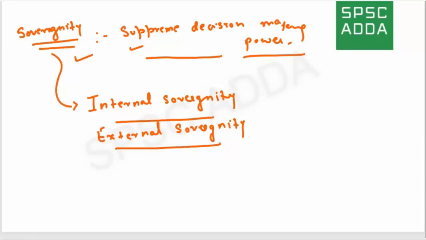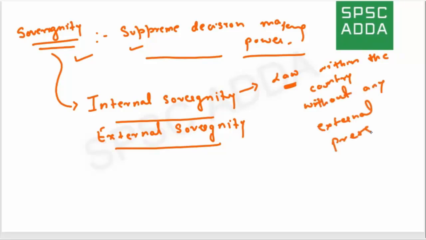Tell what is internal sovereignty and external sovereignty. Internal sovereignty means within the country, external means out of the country. Very good. Internal sovereignty means the nation can make any law within the country without any external pressure or any pressure.